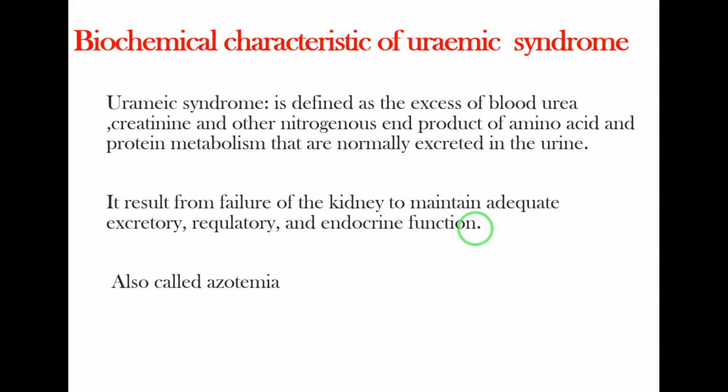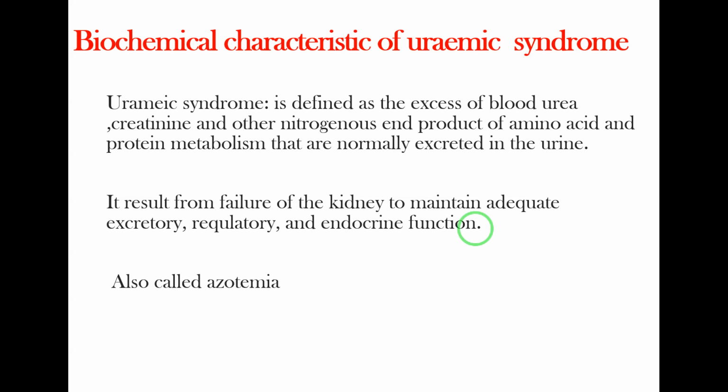Uremic syndrome, also called azotemia, means inadequate function of the kidney, and all of the functions may be defective. What happens in this condition?